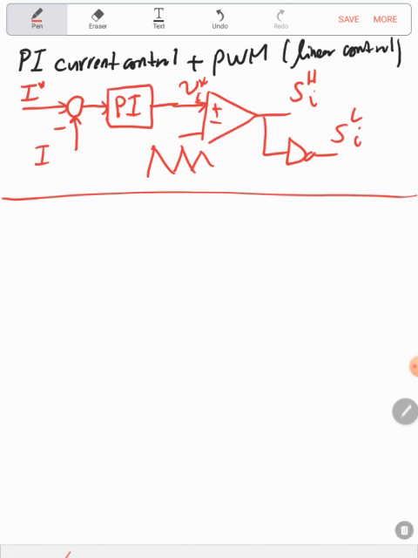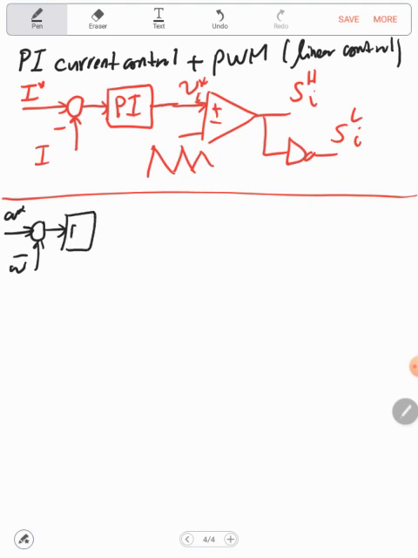So let's start from the speed control. This is omega star, that if we compare it with the actual omega, then this will be a PI speed control. This will be the torque TE star.